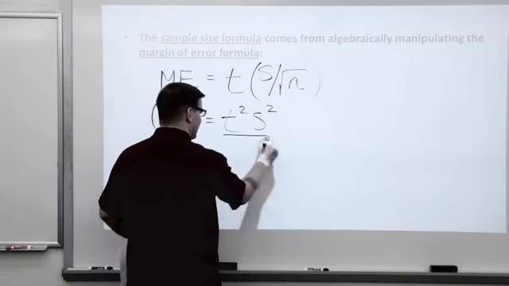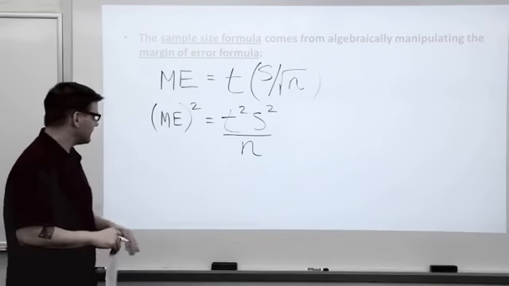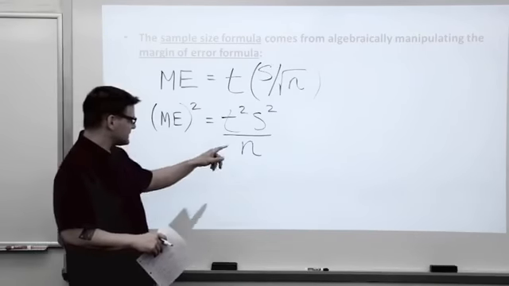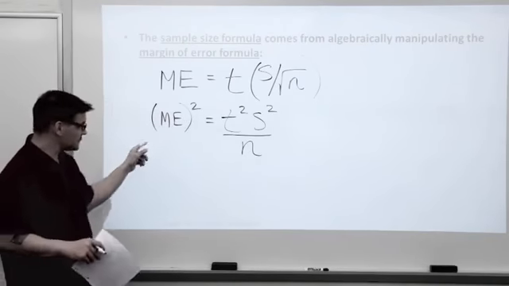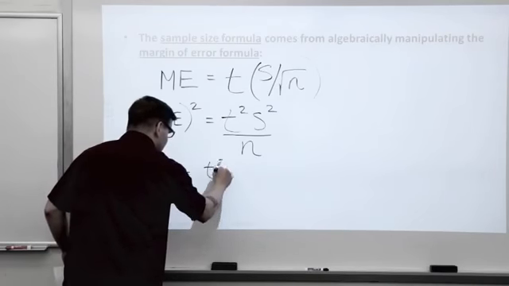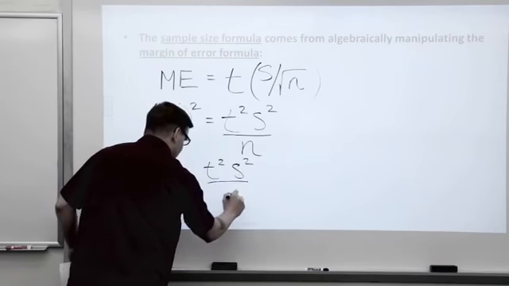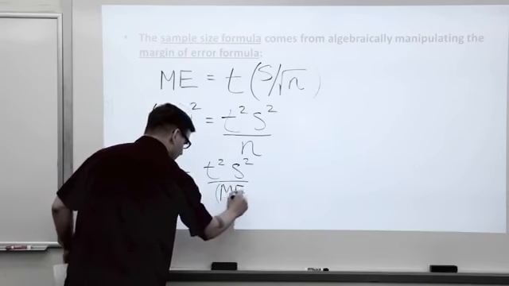And now that's just divided by n, because if I square the square root, I'll just get n. And so multiply both sides by n, divide both sides by margin of error squared, and we will end up with n equals t squared times s squared all over margin of error quantity squared, right?